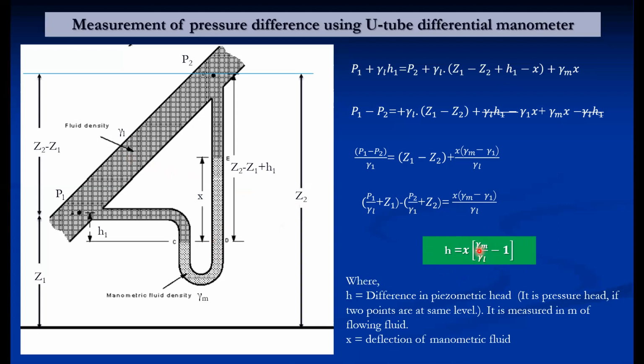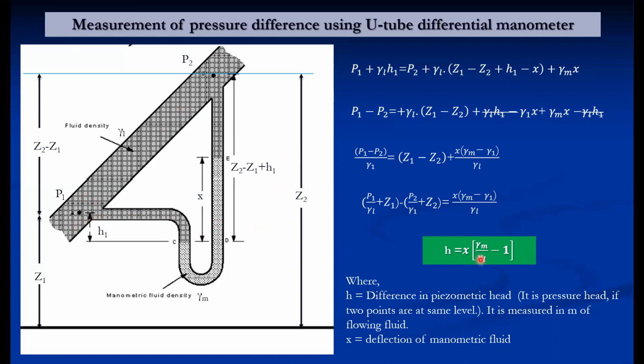So Sm is the specific gravity of manometric fluid, and Sl is the specific gravity of flowing fluid with reference to water. So for example, if mercury is used as a manometric fluid, then Sm is nothing but 13.6. And if water is used as a flowing fluid, then the specific gravity is 1.